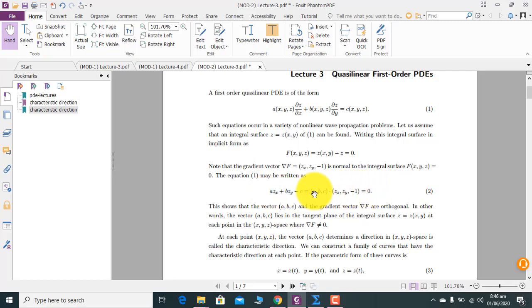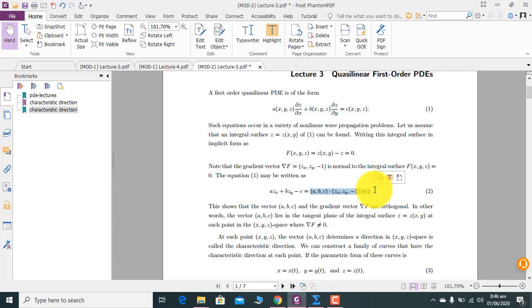Now just concentrate your whole thinking on this particular point: you have a dot product equal to 0. If you have (a, b, c) dot (z_x, z_y, minus 1) equal to 0, mathematically you understand that both vectors have to be perpendicular, or the second case can be that either of them is 0.